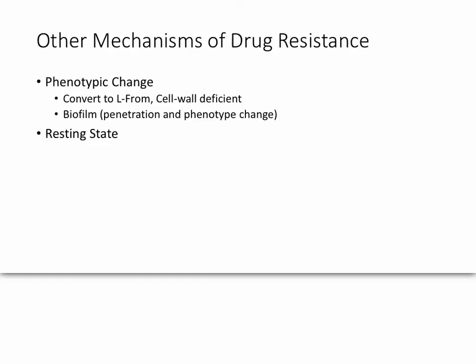One of the new strategies we're working on is to attack the quorum sensing molecules, the messages going back and forth between the different bacteria, so that they no longer realize that they're in this big community, and they change their phenotype back, and then we can kill them again with our normal drugs.